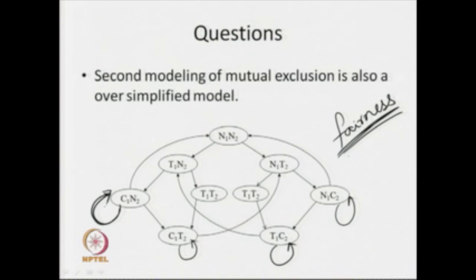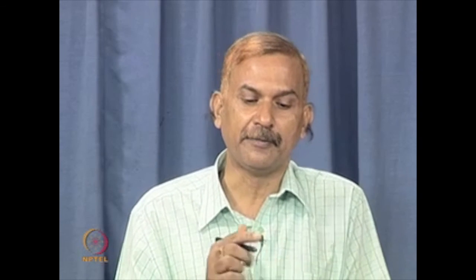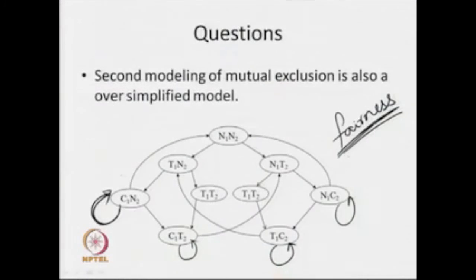But we know that in any system, it will enter the critical section, do its required job, which will take some amount of time, and eventually it will come out. That means we are going to look for fair executions only. It will not remain here infinitely; eventually, after completion of the job, it will come out.